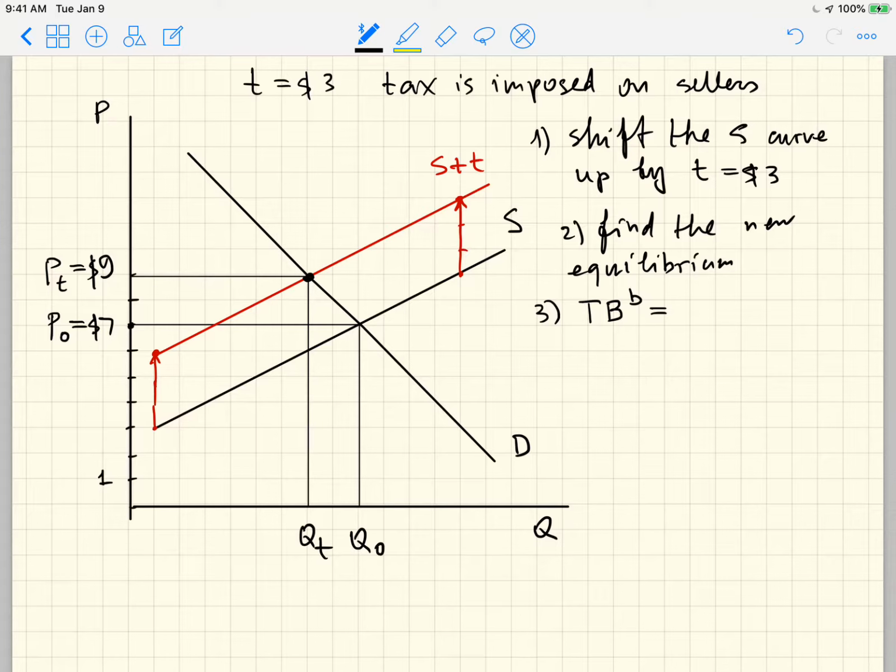And tax burden on buyers is measured as an increase in price that buyers have to deal with. So an increase in price they are paying. So generally speaking, it's PB, price paid by buyers, minus P0, which is the initial equilibrium price. Because before the tax was imposed, the equilibrium price was what buyers were paying and sellers were getting.